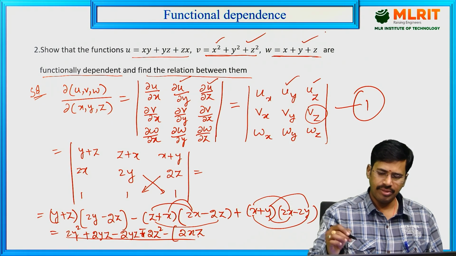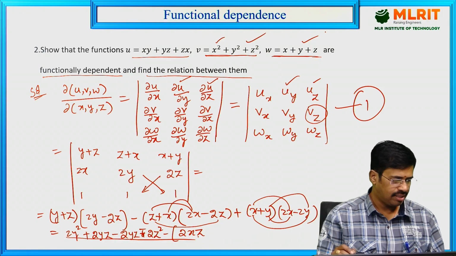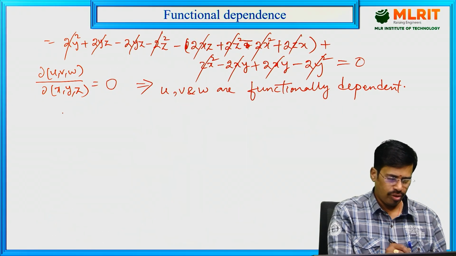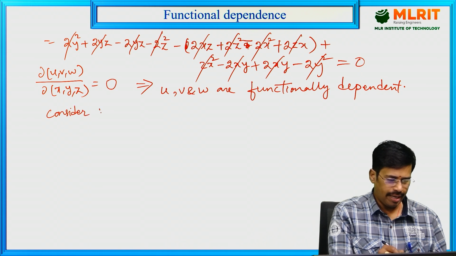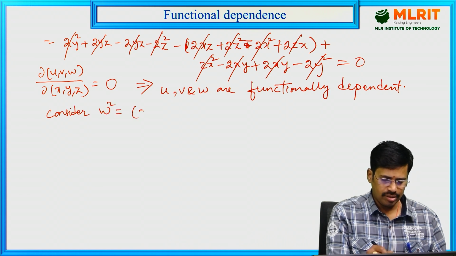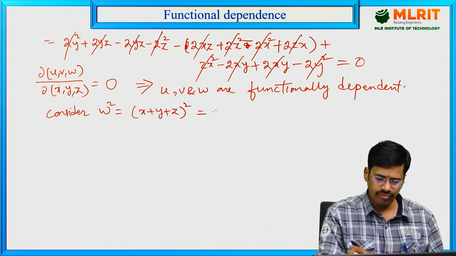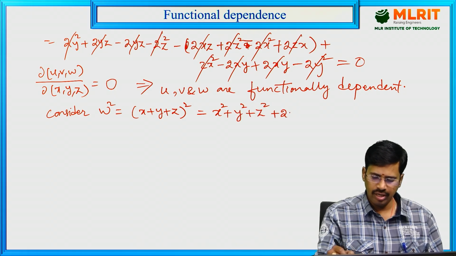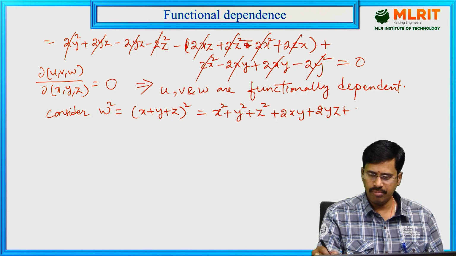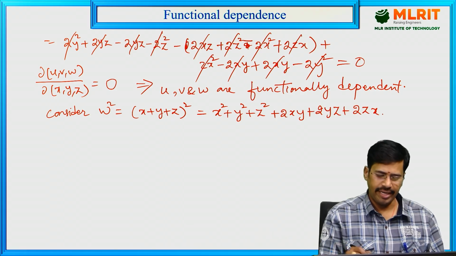If we can observe, x plus y plus z is the function. So if we consider w square, that means x plus y plus z whole square. We can write this formula as expand this: x square plus y square plus z square plus 2xy plus 2yz plus 2zx.